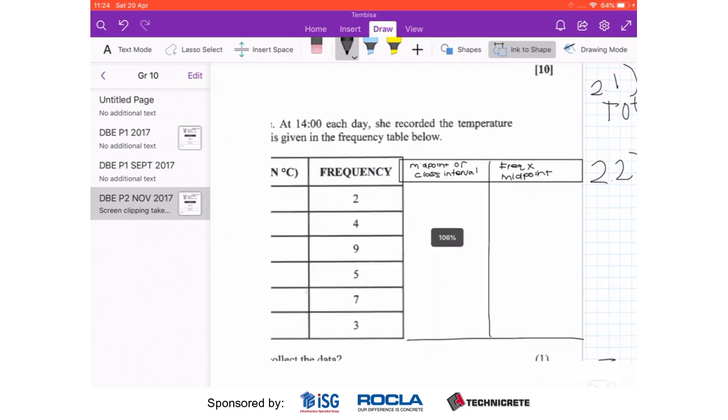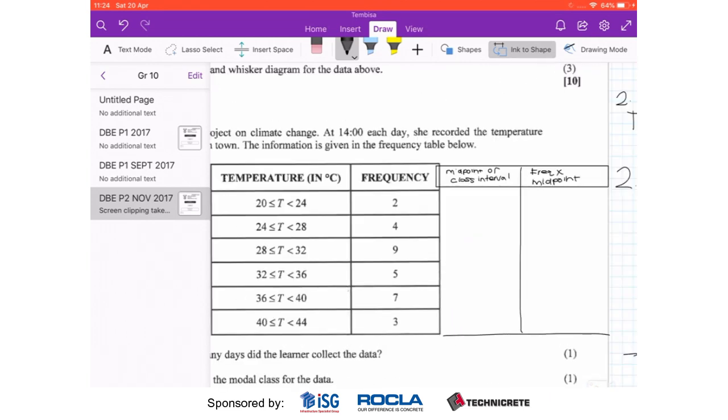So let's start by first finding the midpoint. So you've got 20 and 24. So on your calculator, I'm going to show you just one how to do it. So you're going to say 20 plus 24 divided by 2. That's the same concept for each class interval. So the first one is 22. Second one, 24 plus 28 divided by 2, 26.